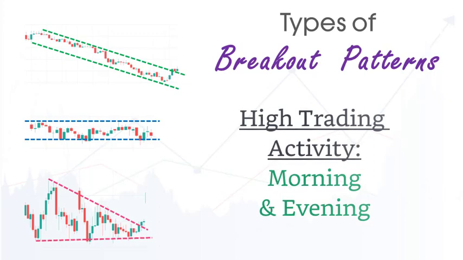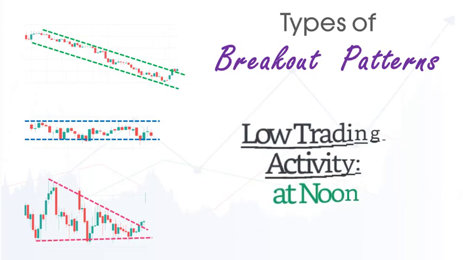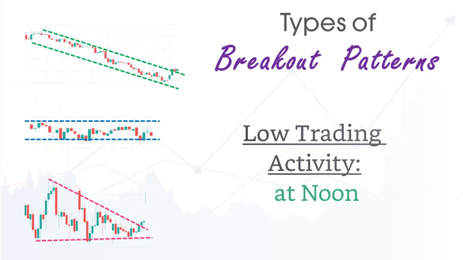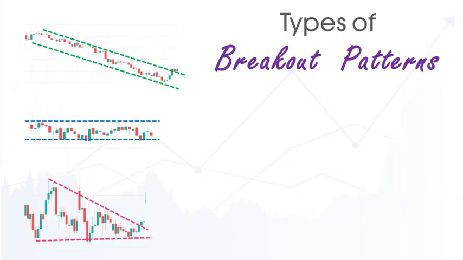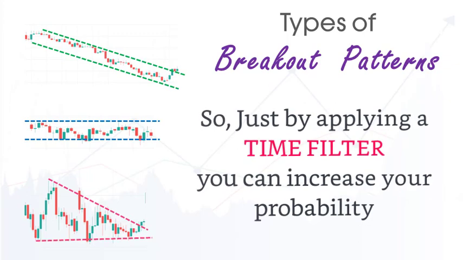And you will normally see much less trading activity during the middle part or at the noon session of the market. So ideally, you will have to look for breakout trades near the morning session or when the market is nearing its close. Now, just by doing this, you can automatically filter the breakouts that have a higher probability of success.